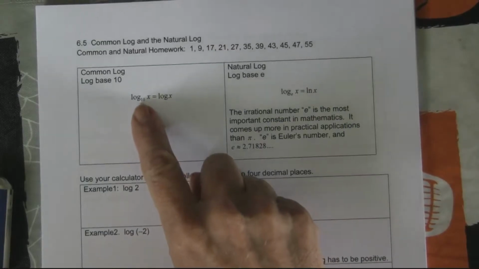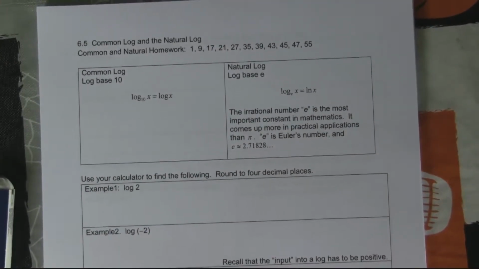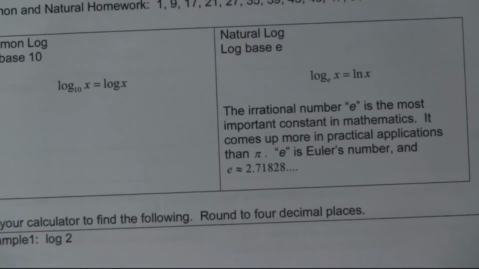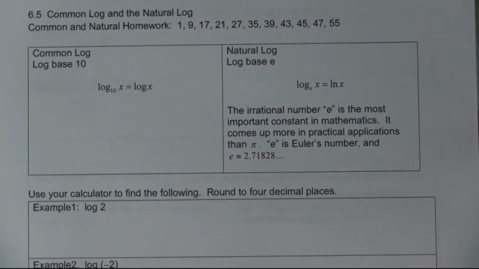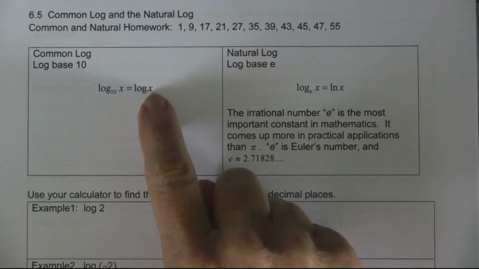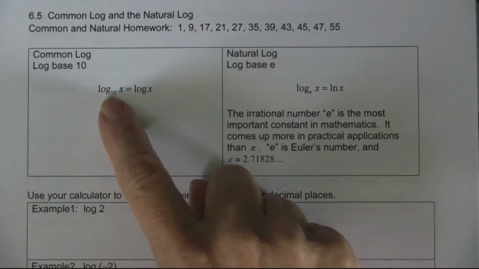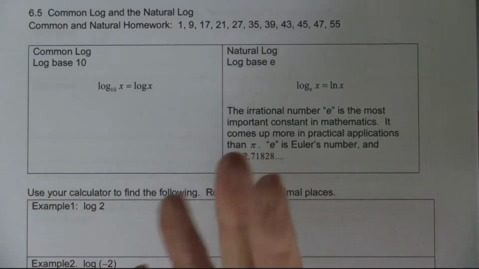So log base 10, and I think I can scoot in just a little bit. There we go. So log base 10 of x is the same as log of x. They don't write the 10, and when they don't write the 10, it's assumed to be base 10.